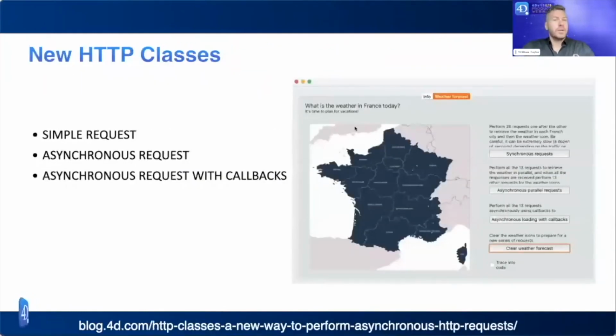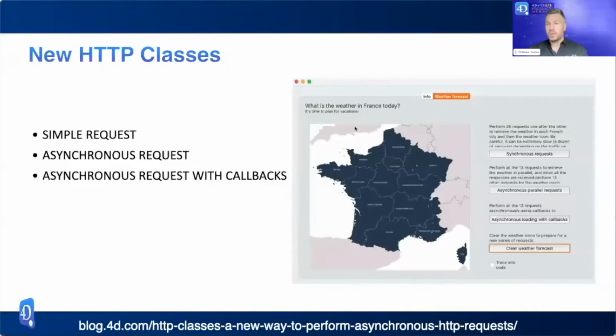And to continue improving the syntax and functionality of 4D, we've decided to modernize the HTTP client commands in 4D. As a result, the first set of HTTP classes is being delivered with 19 R6.